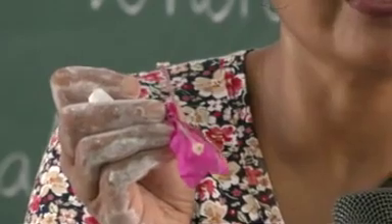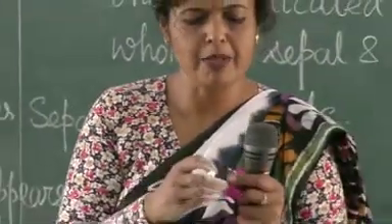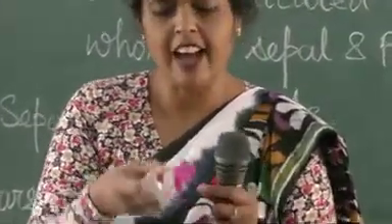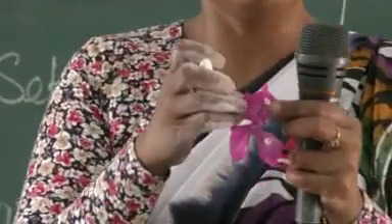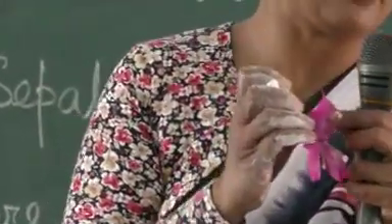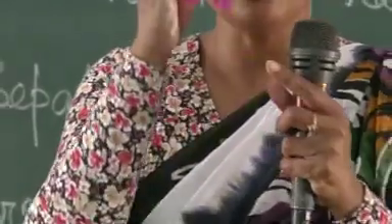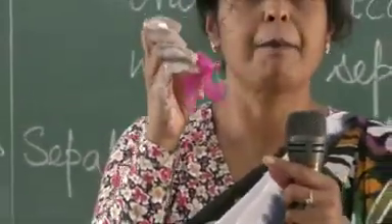The flower is so small that it cannot attract insects. Even if they are clumped up, if 3 of them are there, they are not prominent enough to attract insects, isn't it? So they grow from the base of leaf-like structures which are colorful, which appear to be petals, but they are not petals. Is it clear? And these structures are known as bracts.